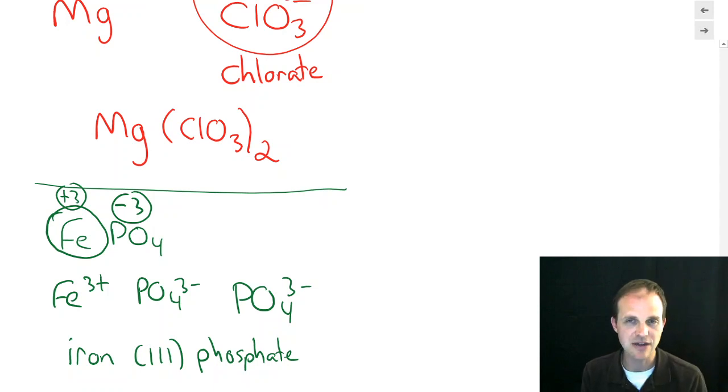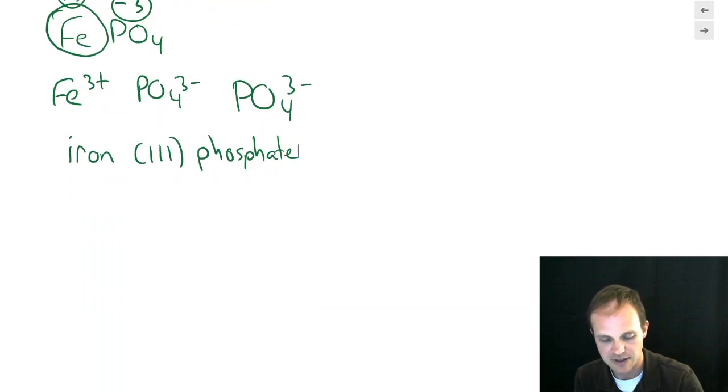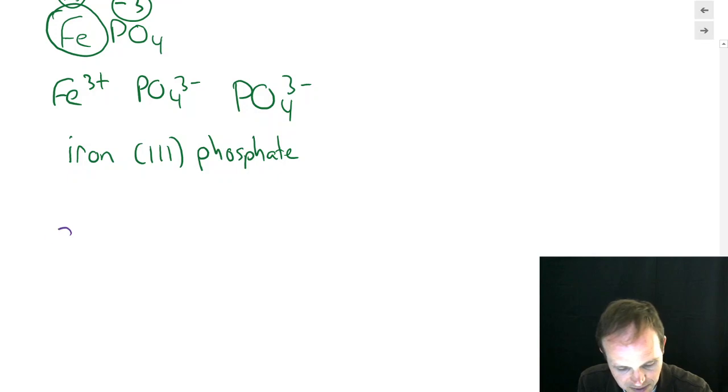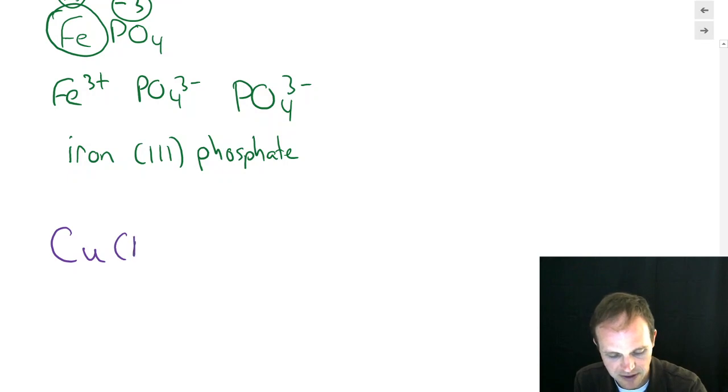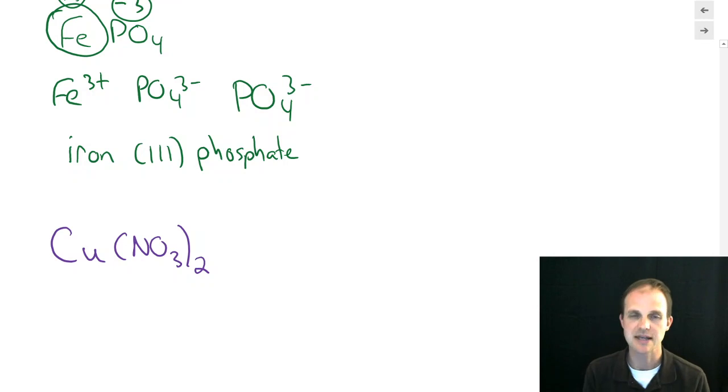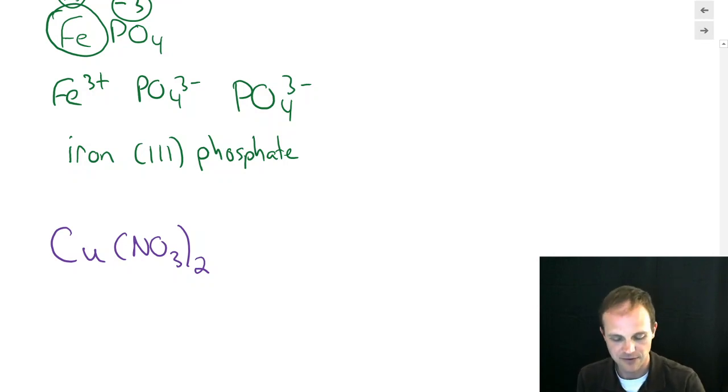All right, let's do another example where we go from a formula to a name for something in the transition metals. And so next we'll take copper, and we're going to combine it perhaps with NO3. What does that tell me? So I'm going to do this formula, and what I want to find is my name.